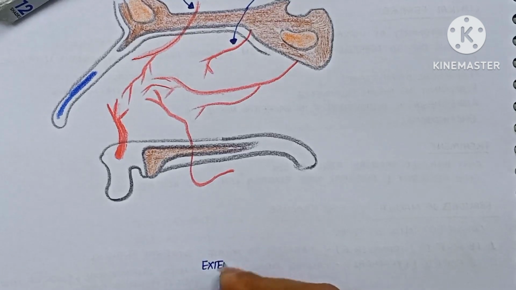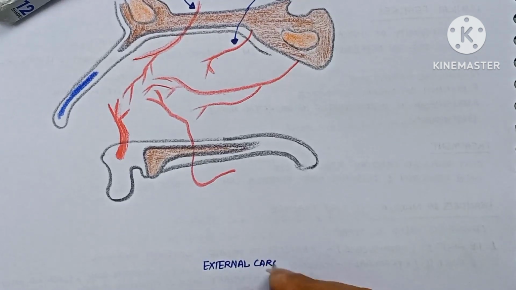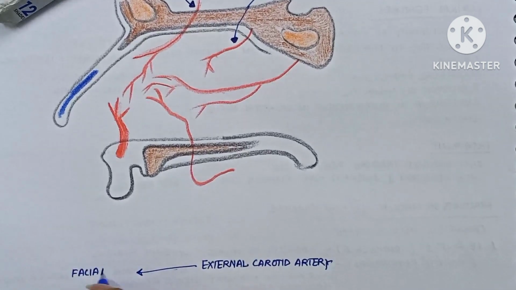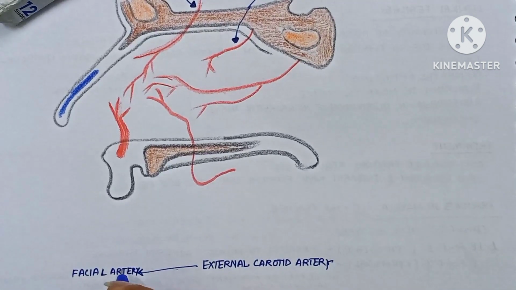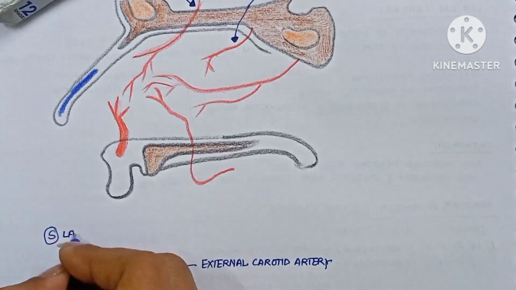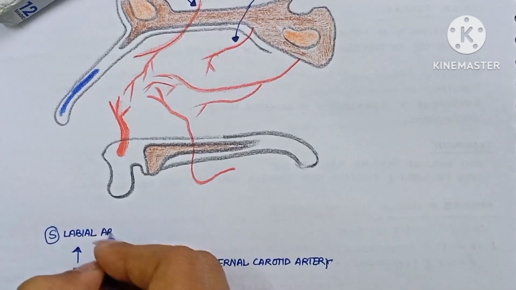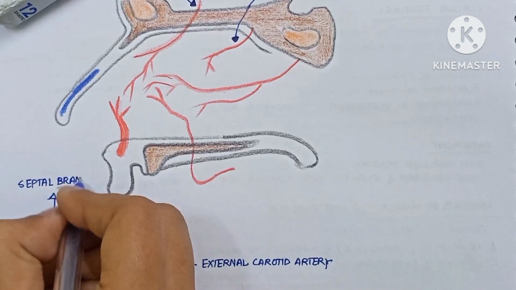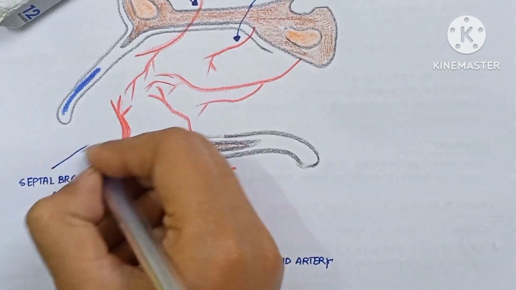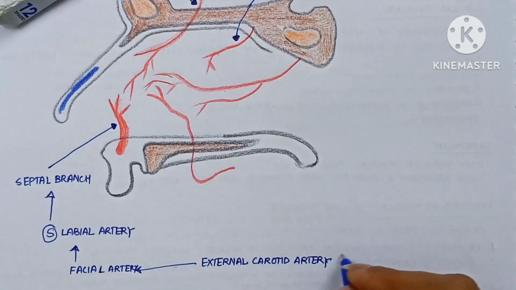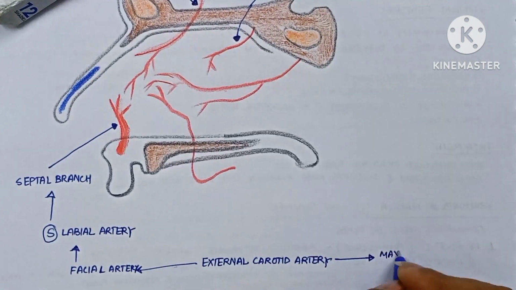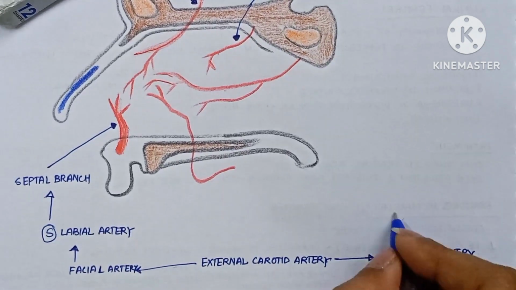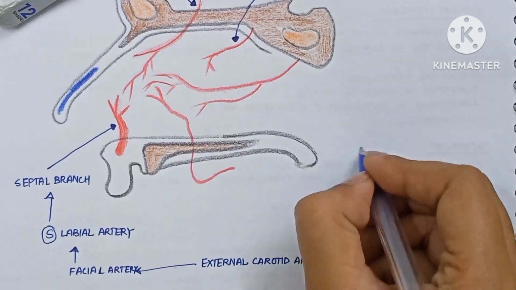Now the external carotid artery gives off the branch facial artery, which has a branch known as the superior labial artery, which has a septal branch which supplies the nasal septum. Another branch of the external carotid artery is the maxillary artery, which gives off two branches.